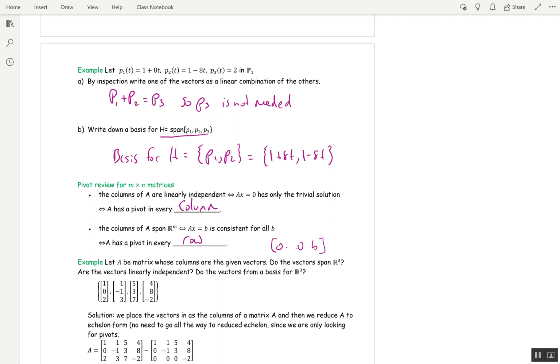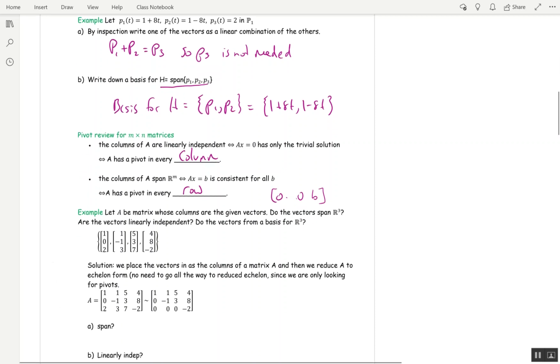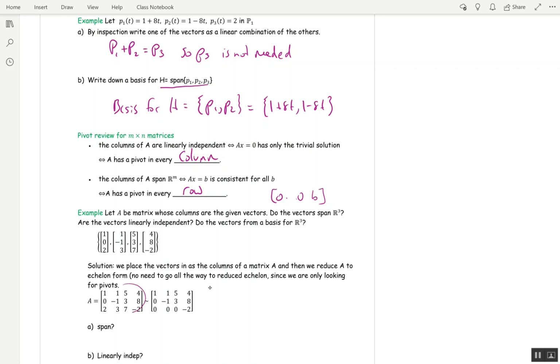All right, so let A be the matrix whose columns are the given vectors. Do the vectors span R3? Are they linearly independent? Do they form a basis? To answer that question, we're going to look at pivots. We're going to put those vectors into a matrix and reduce the matrix, which I did. I didn't go to reduced echelon. I only have to go to echelon because I'm looking only for pivots.